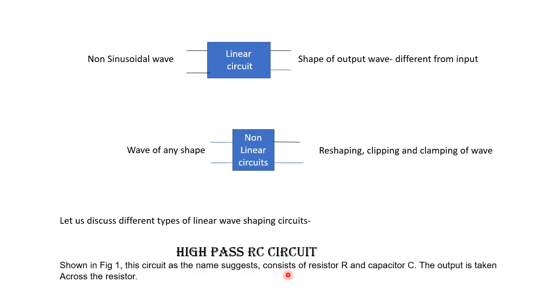As the name suggests, a high-pass RC circuit consists of a resistor R and a capacitor C, and the important thing is that in this case the output is taken across the resistor. We will see in the forthcoming slide that a current is flowing through this RC circuit and the output voltage is the potential drop across the resistor.